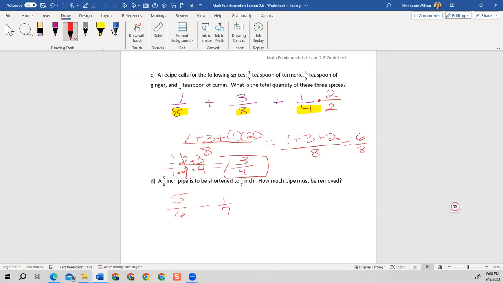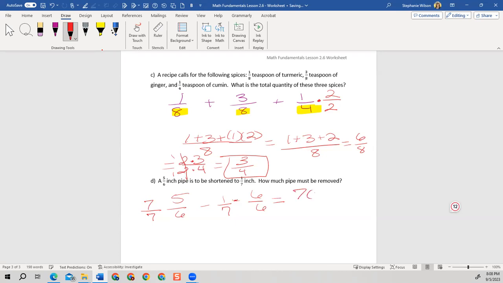So what if I said I'm going to take this one and multiply it by 6, 7 times 6, and then this one over here, let's multiply it by 7. The reason I chose to do it this way is because 7's prime, and that's the closest way we can come up with a number that both 7 and 6 will go into. So now I'm going to rewrite this.